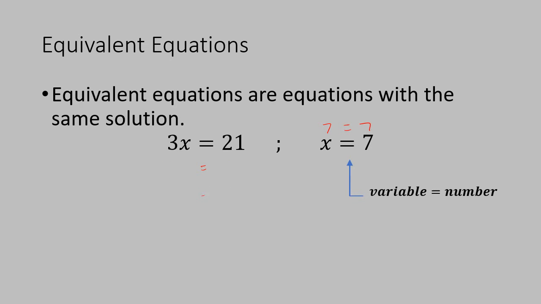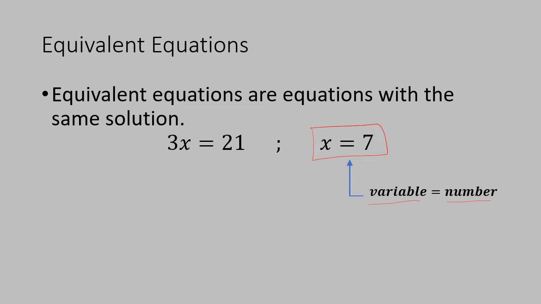They are then equivalent equations, and we're only dealing with the one variable here. Specifically, this equation, x equals 7, is in a special form. It's called the variable equals number form. I don't know if that's the exact name, but all we have is a variable and it equals a number. There are no operations.